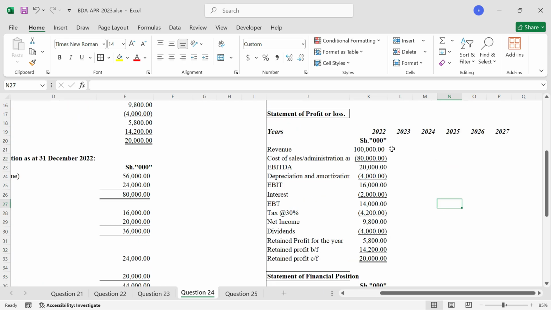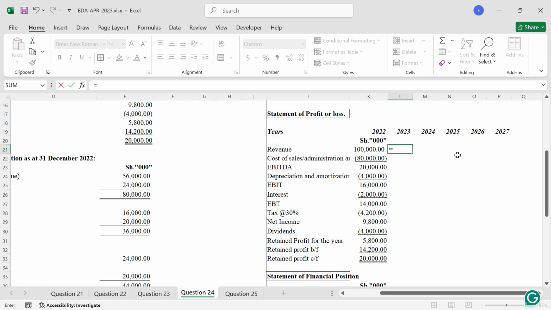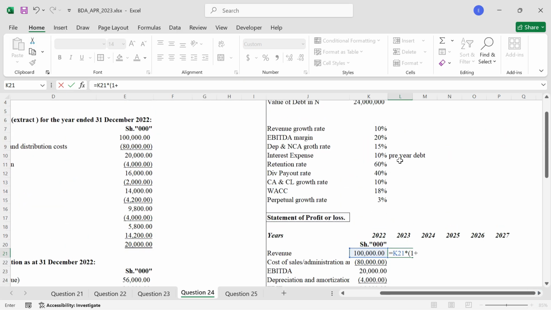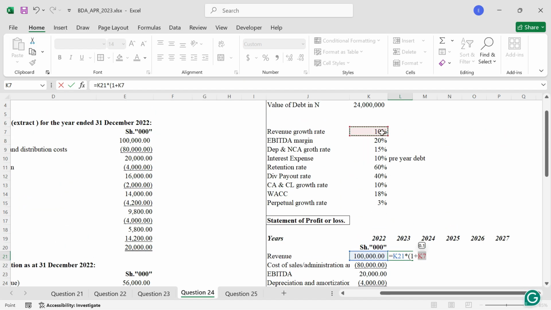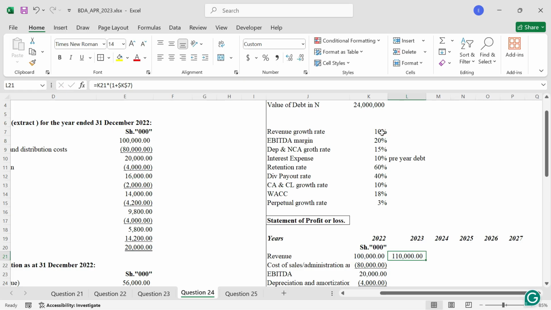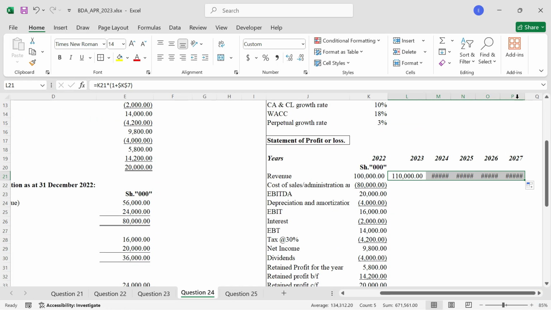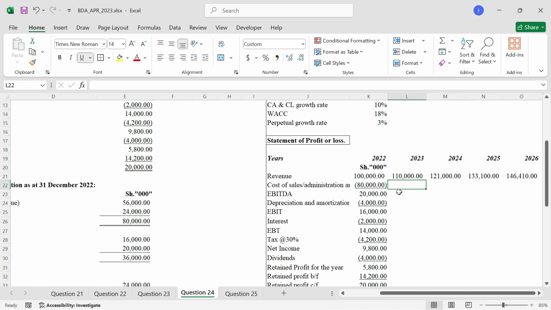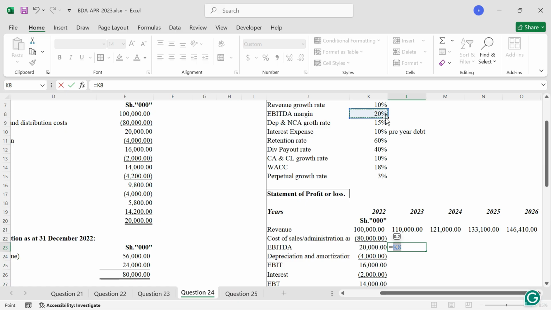You can now start forecasting revenue at a growth rate of 10% to equal the previous year multiplied by 1 plus my growth rate of 10%, which I lock and copy across. Then I don't have my cost of sales, but I have my EBITDA margin, which was 20%, which I will lock off my revenue.